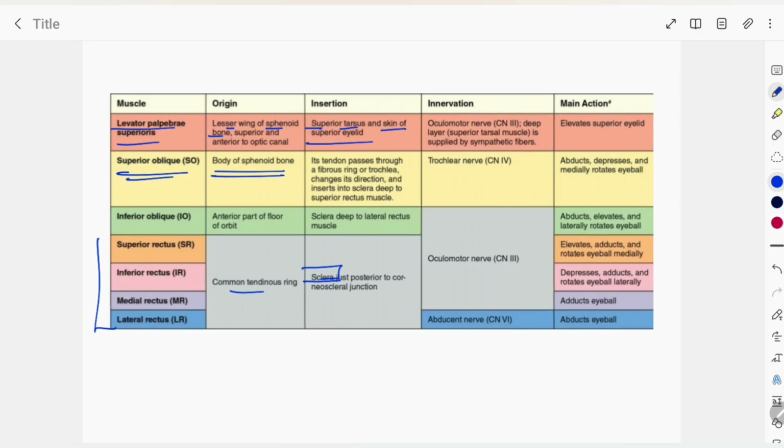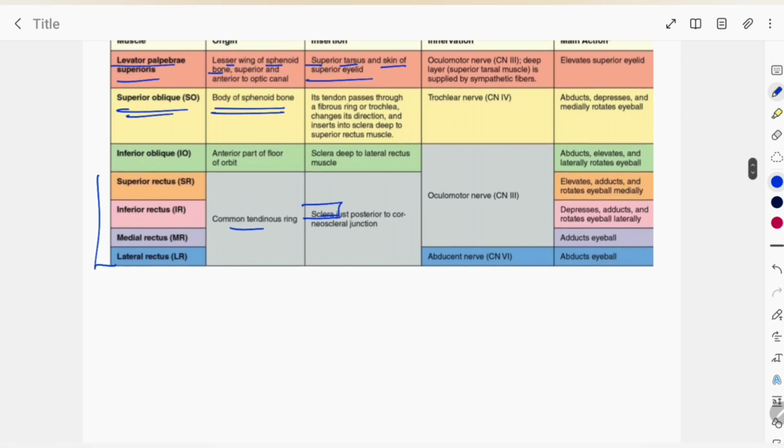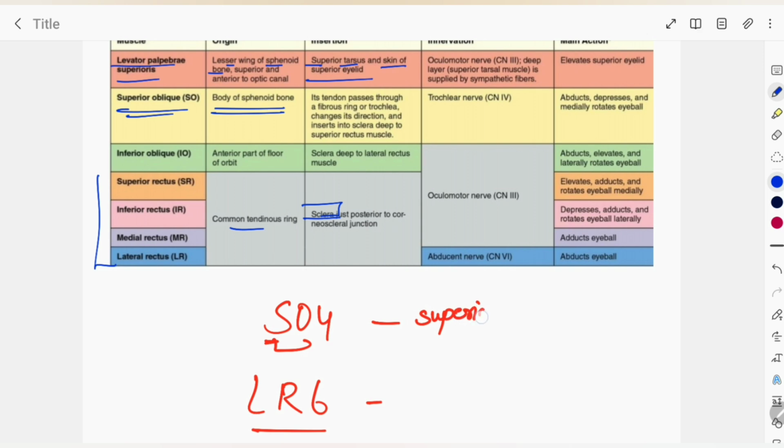For the nerve supply, there is a mnemonic: SO4 LR6. What do SO4 and LR6 indicate? SO is our superior oblique, and 4 signifies cranial nerve number 4, that is the trochlear nerve.